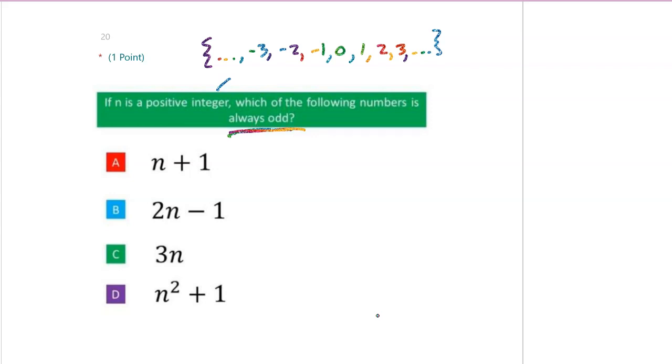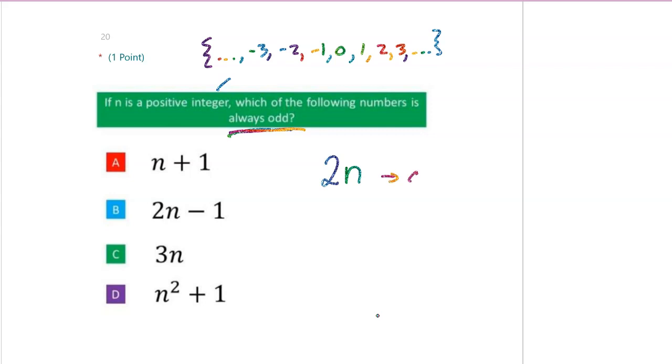Well, we know the definition of an even number is that it's got a factor of 2. An odd number always leaves a remainder of 1 when I'm dividing by 2. If I divide it by 2, there's always 1 left over. So the easiest way to make an even number is to take any integer n, and n is our positive integer, and multiply it by 2.